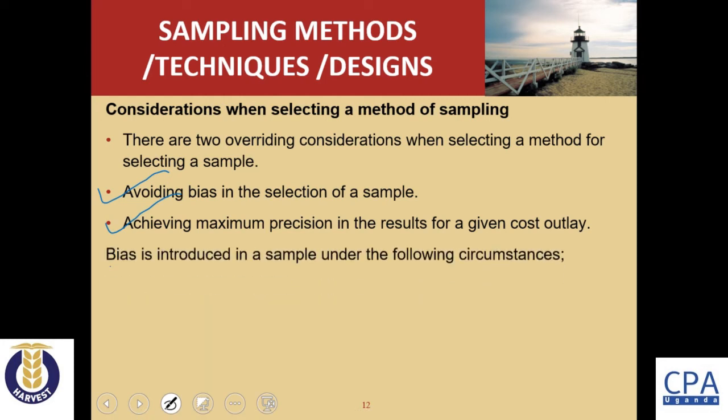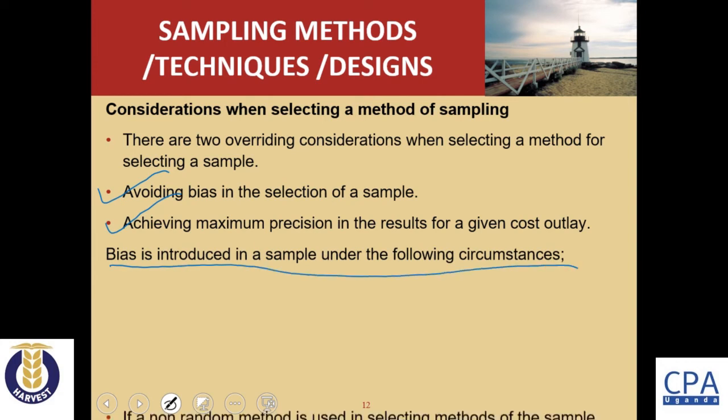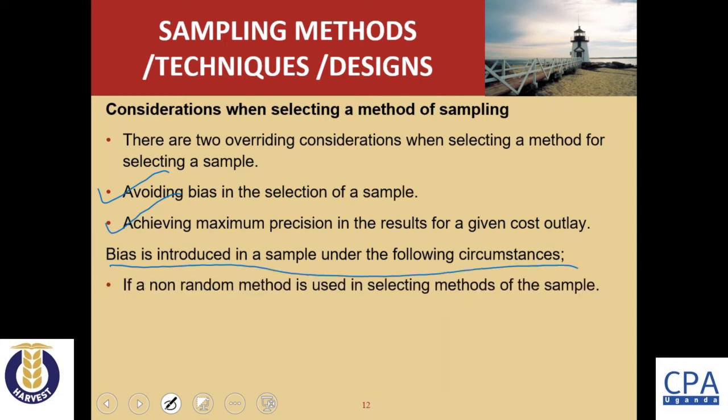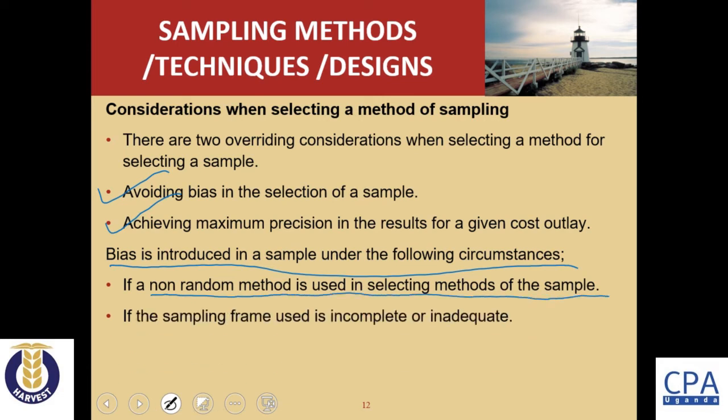And of course, how does bias come in? Bias comes in especially if we are dealing with a non-random method used in selecting our respondents, or if the sampling frame is actually incomplete or inadequate.